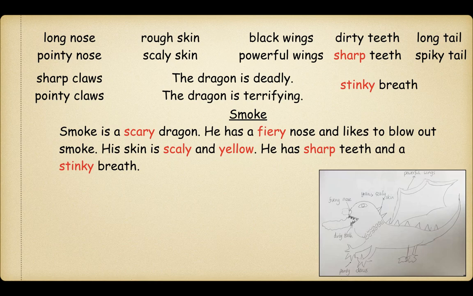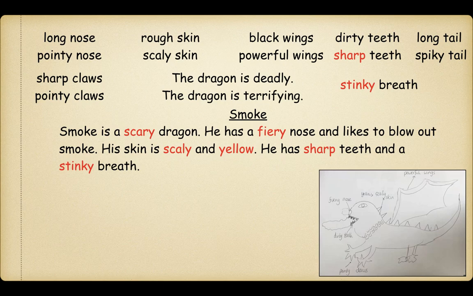Sharp and stinky. Well, I borrowed stinky breath. I magpied that idea from Natalia. So thank you, Natalia. I was able to magpie your description of the dragon's breath and put it in our sentences. So that's a new sentence I've been able to create after looking at the drawing.